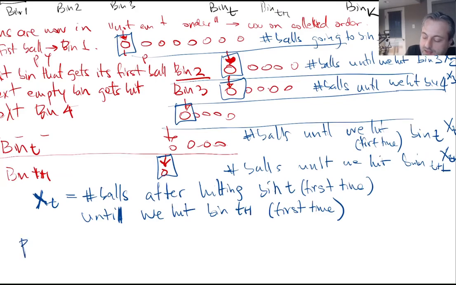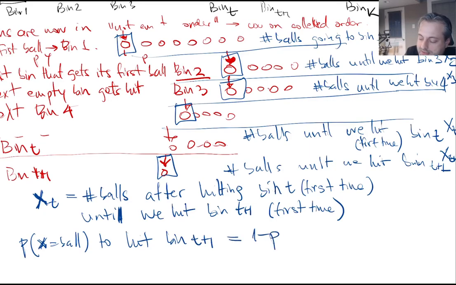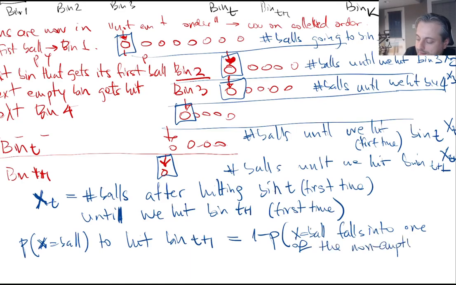The probability of any ball to hit bin t plus 1 is, well, 1 minus the probability that this ball falls into one of the non-empty T bins right now, right?